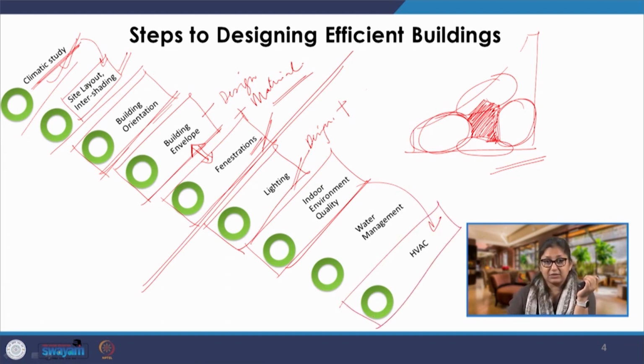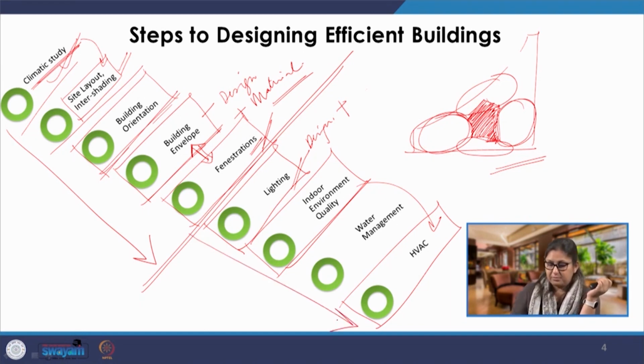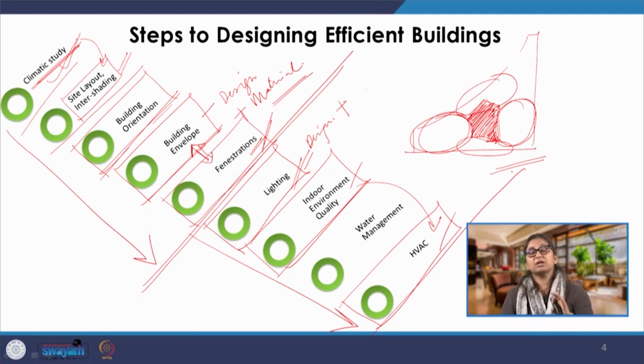So, we will design HVAC first, reducing the requirement for energy through passive design, and after that further reducing the requirement for energy through selection of different systems here. Once we have done that, we would have reduced the requirement for energy significantly, probably by 50% if we design them properly from a conventional base case.